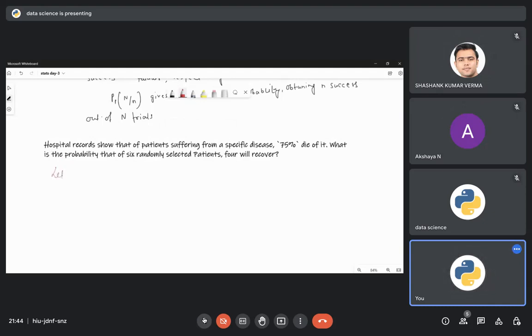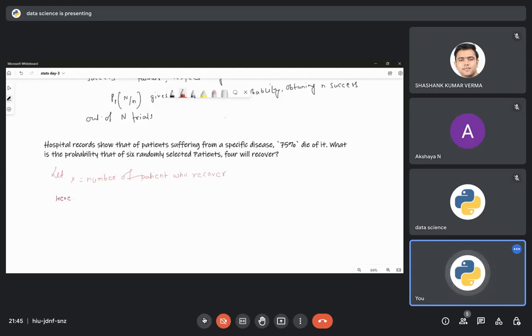Let x be equal to the number of patients who recovered. To be honest, if you guys put in a bit of effort, your maths will recover. Don't worry.